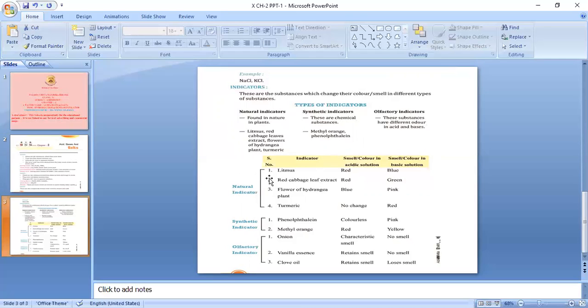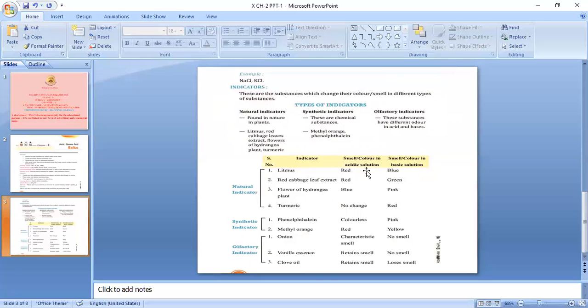Now let us talk of the colors of some of the important indicators in different mediums, that is, acidic and basic mediums. First, let's talk of natural indicators. In natural indicators, first let's talk of litmus. Litmus shows red color in acidic solution and blue color in basic solution.